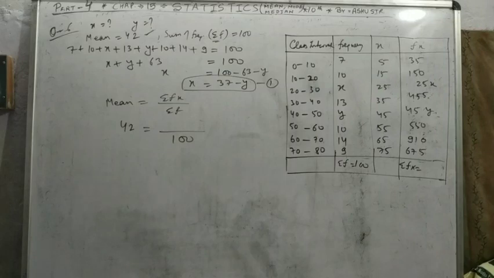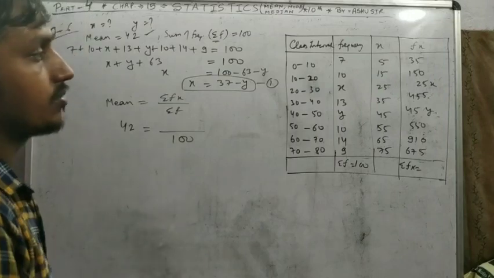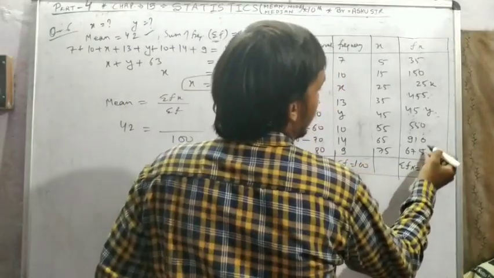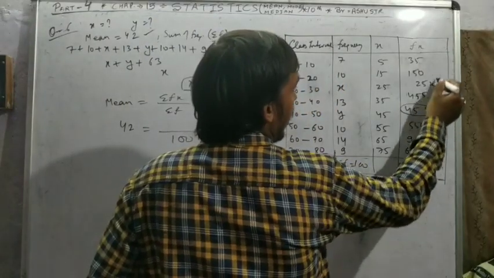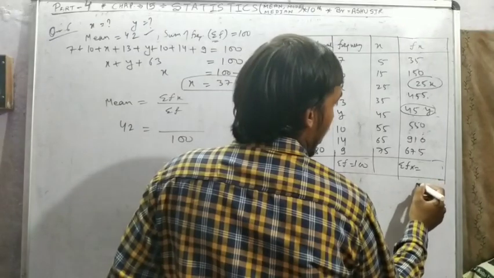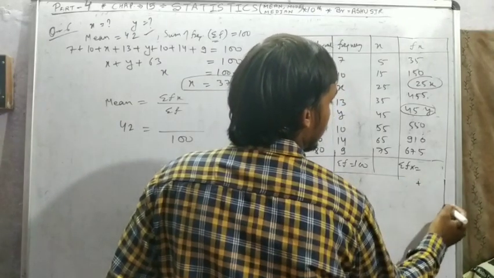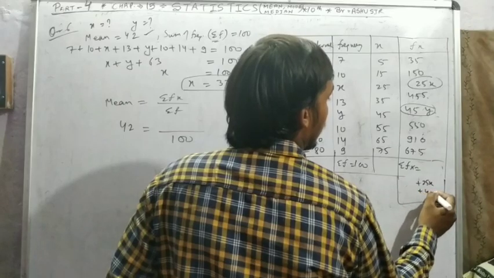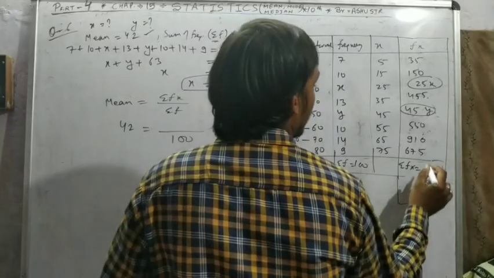Then add all the things. Don't add these two terms, directly write them down: 25x plus 45y.